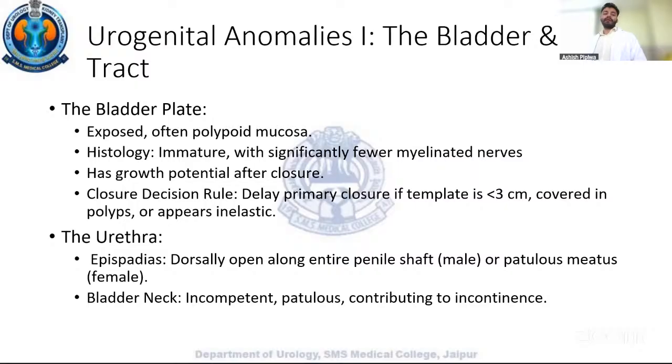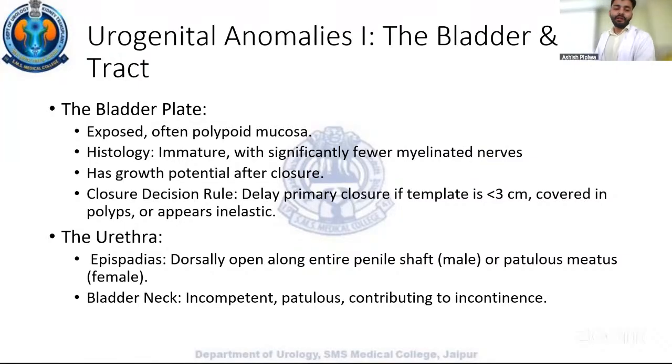The bladder plate is often exposed with polypoid mucosa. On histopathology, we will see immature and fewer myelinated nerves. It has growth potential after closure, and we have to delay the primary closure if the plate is less than 3 centimeter and if it is covered by polyps or it appears inelastic.